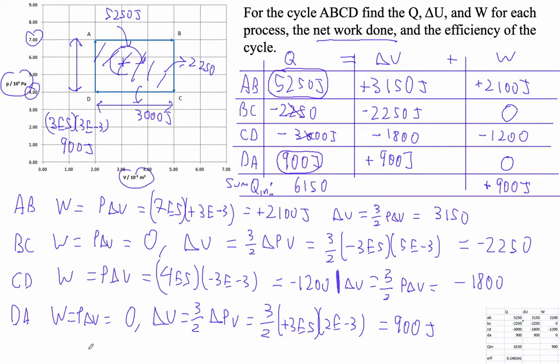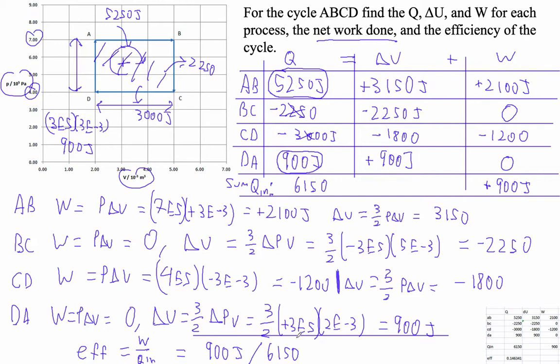So the efficiency is work divided by Q in, right? So that's going to be 900 joules divided by 6150, okay?